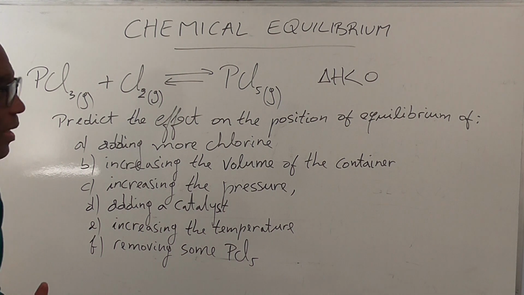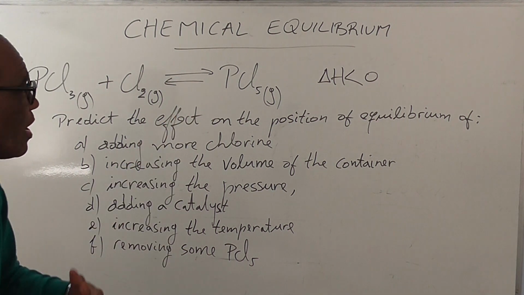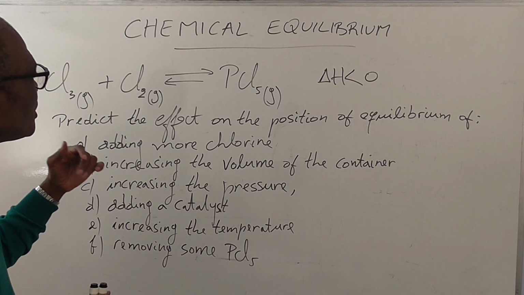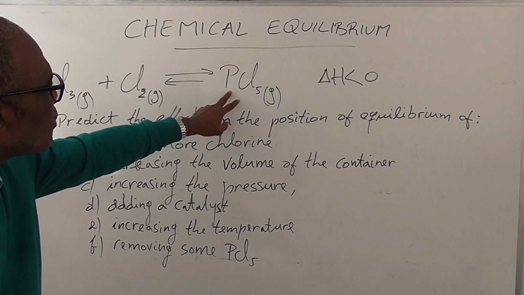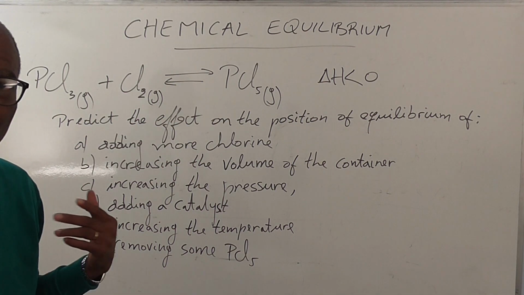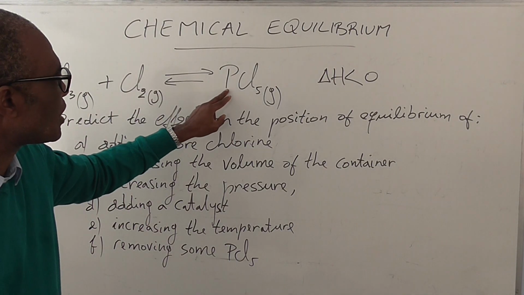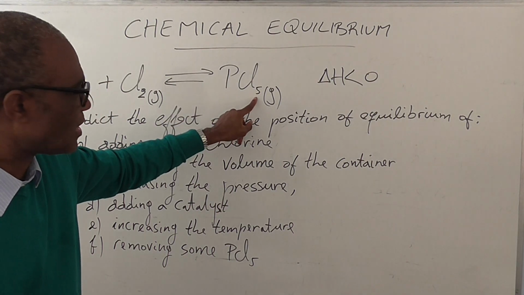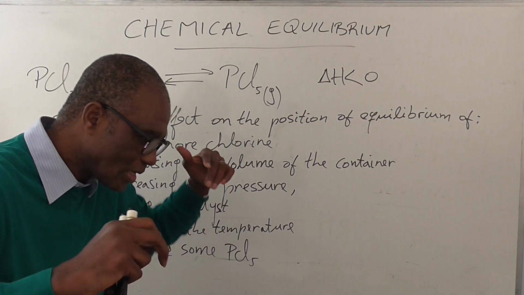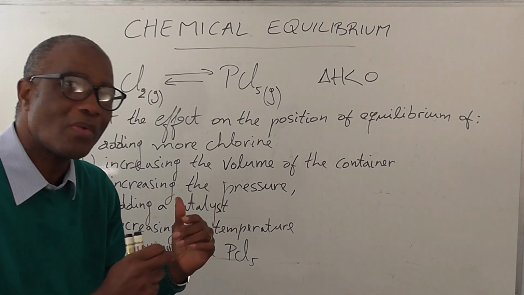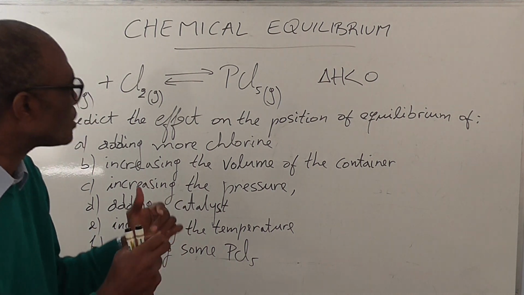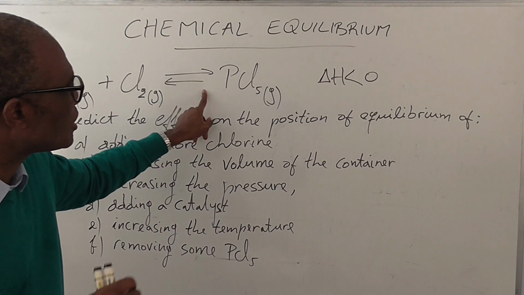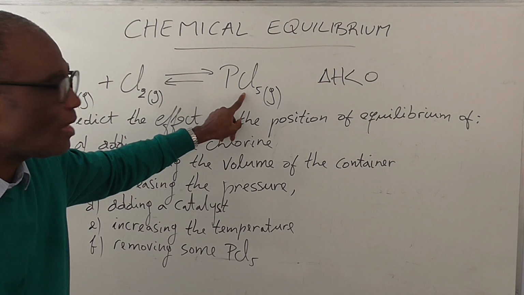Now, we have learned that in a gaseous reaction, if we increase the pressure, the equilibrium will shift toward the direction with fewer molecules. That means if we increase the pressure, by reducing the volume of the container, the equilibrium will shift to the right, producing more PCl5.